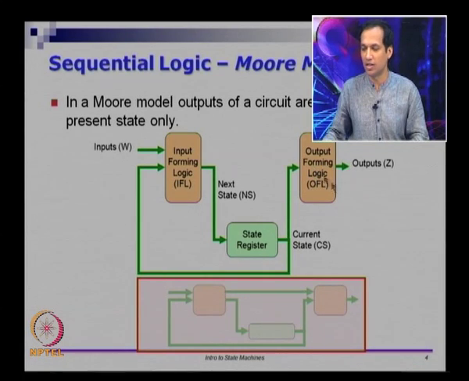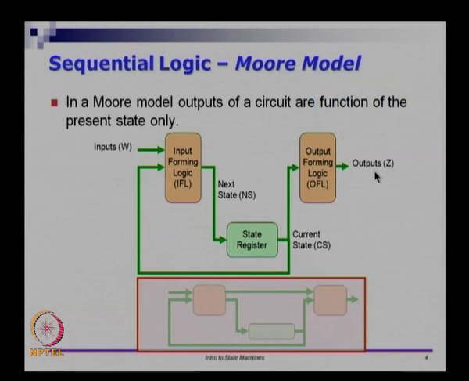However, in the Moore model, the primary outputs are controlled only by the current state. So, the current state dictates what the outputs are, it is not dependent on the current inputs. So, current inputs can only influence the state, and state in turn has to influence the output. There is no direct influence of inputs on the primary outputs. So, such a model is called the Moore model. So, these are 2 different models.